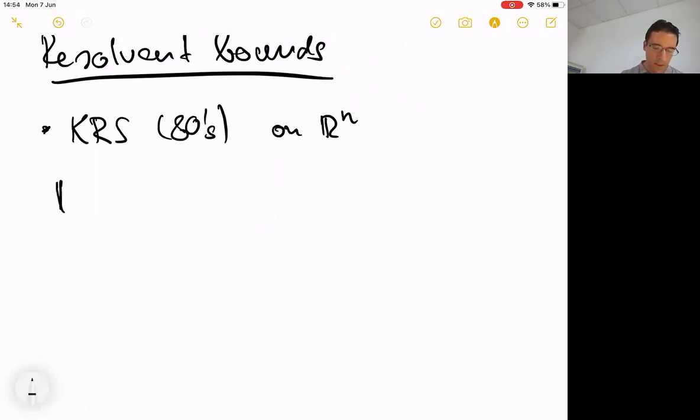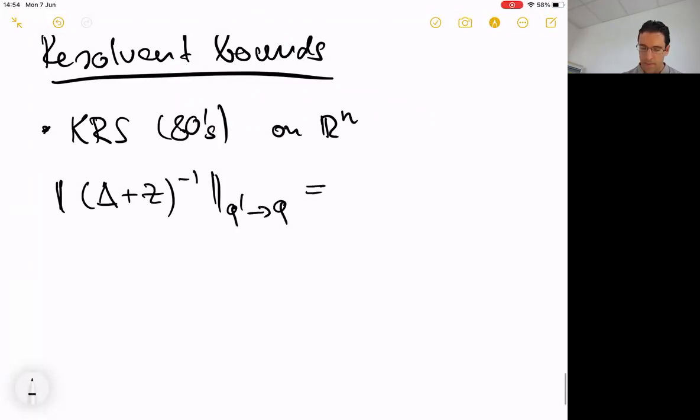And so a simple version of this Kenig-Ruiz-Sogge bound is just saying that there is a uniform bound for the resolvent, say if z is of modulus 1. And then you get the whole range of z just by scaling because you're on Rn, so this restriction can easily be removed by scaling.